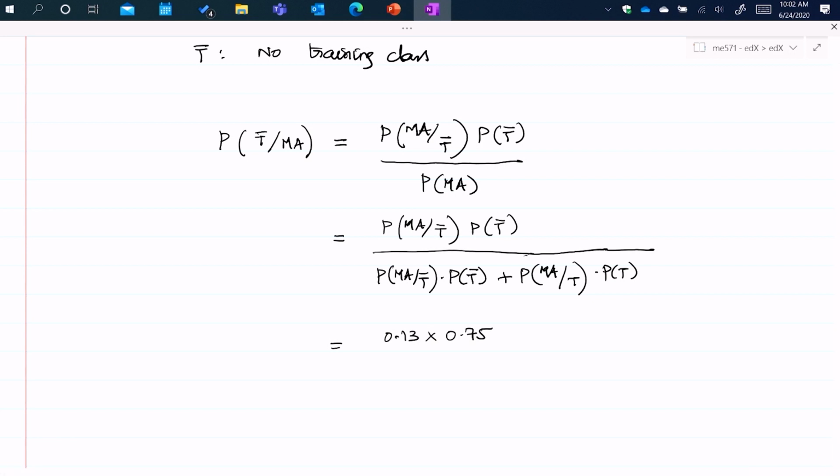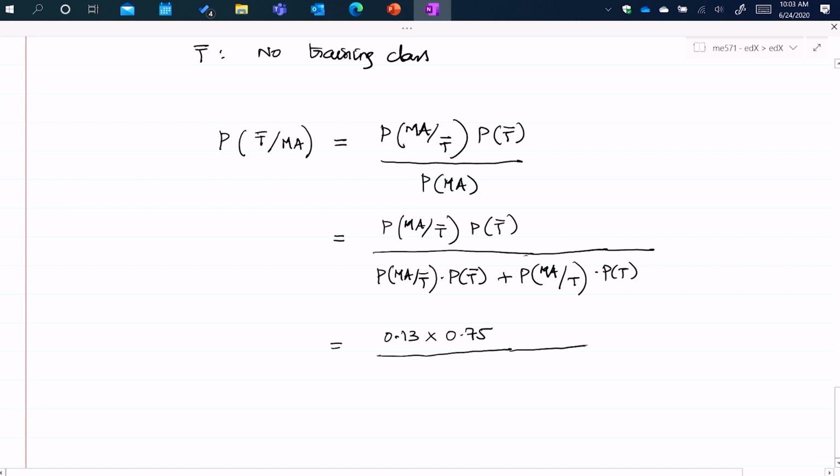Therefore, 3/4 have not taken it, and that leads to probability of T complement being 0.75. And we are also told that 13% of those who didn't take the training make mistakes. So that's where the first number comes from.